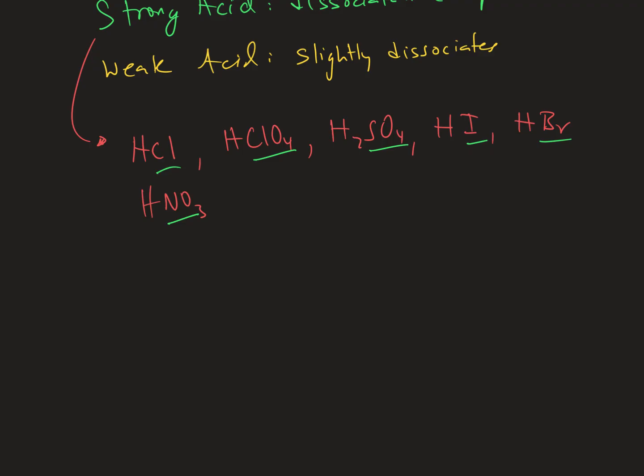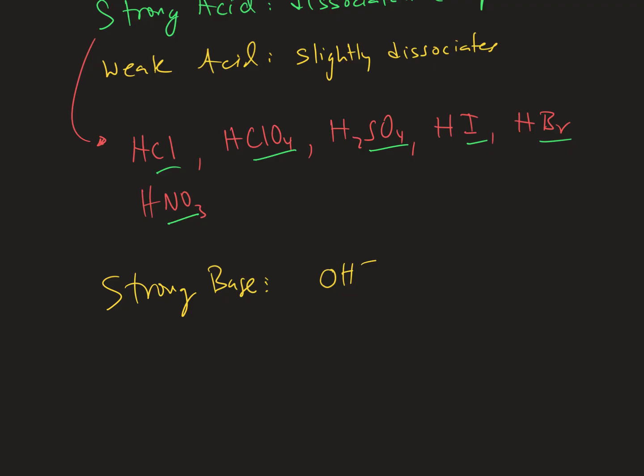What about strong bases? What are the strong bases? Basically, anything with OH minus, right? Now, there are exceptions to that, right? Because OH is insoluble on our solubility chart. That means OH is normally an insoluble compound, but when is it soluble?